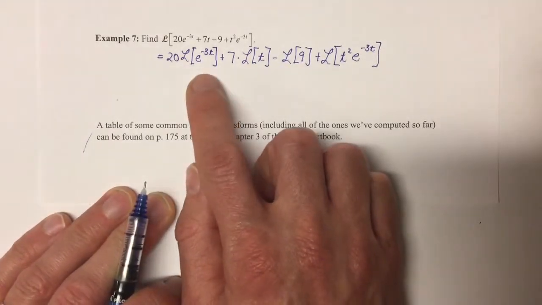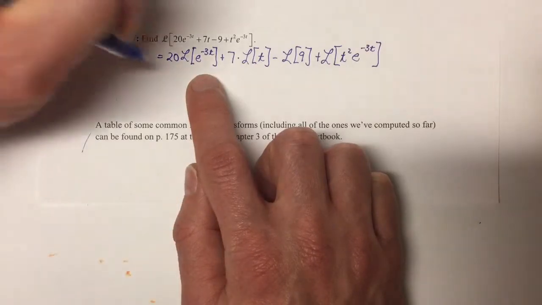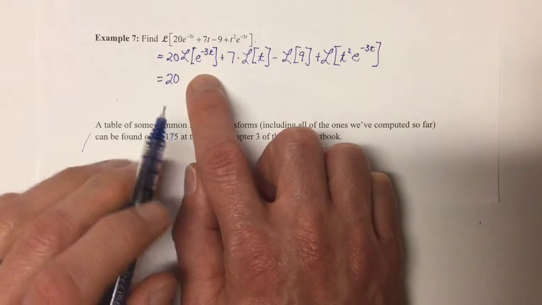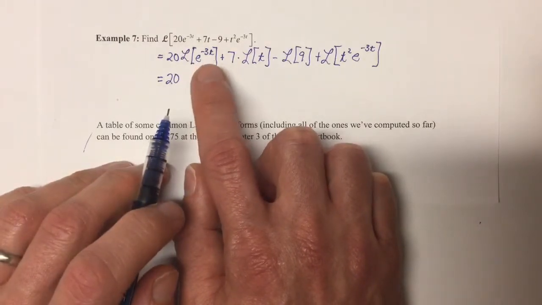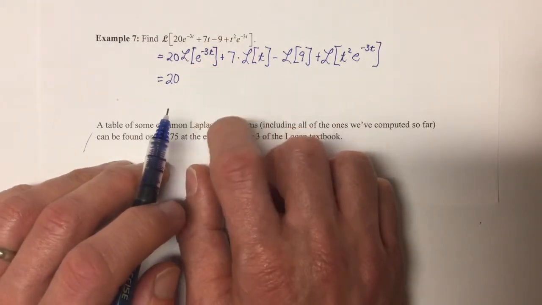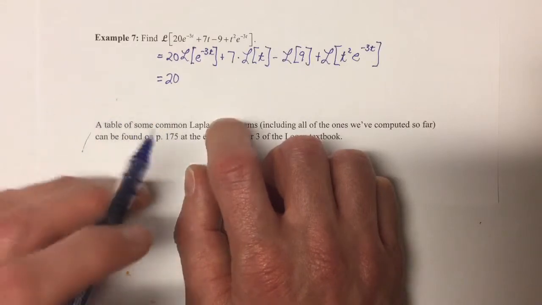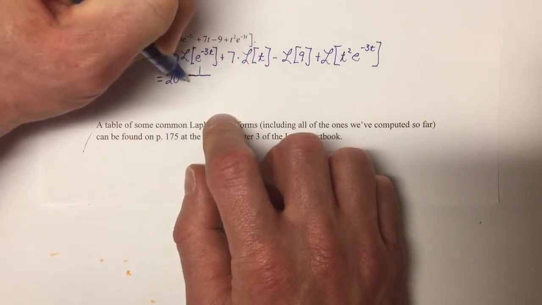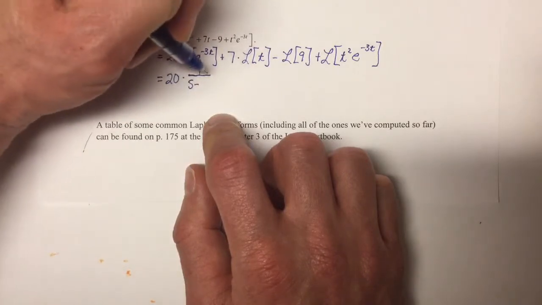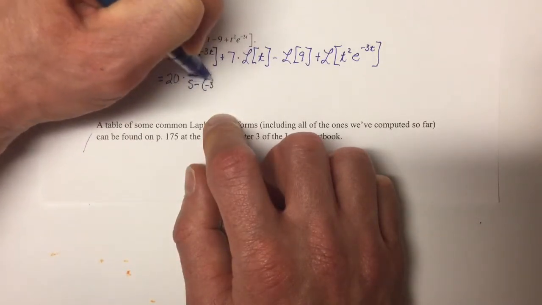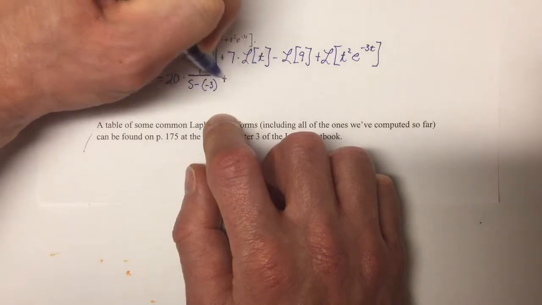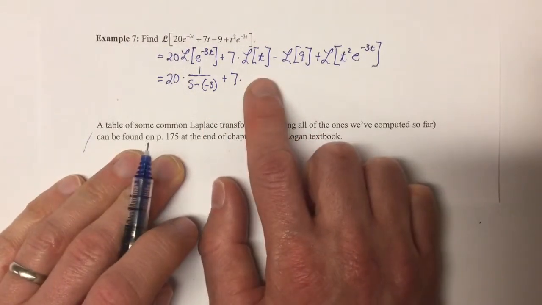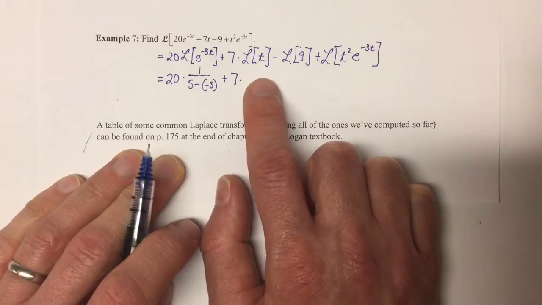So remember from example 1, we had that a Laplace transform of e to the at was equal to 1 over s minus a. In this case, a is negative 3, so this is 1 over s minus negative 3, plus 7 times the Laplace transform of t.